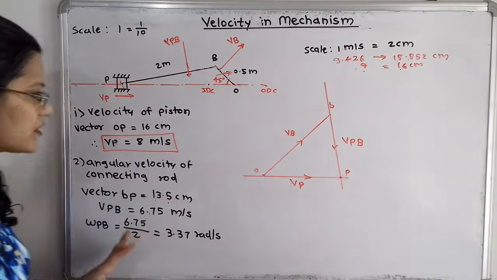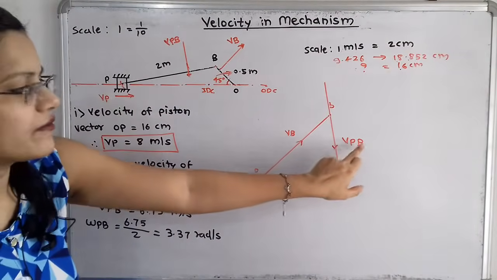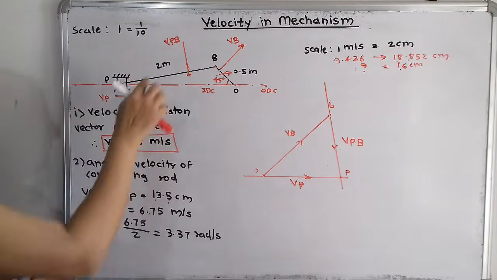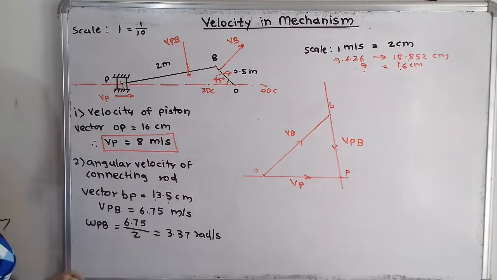Now if we observe here, the velocity of P with respect to B, that means B is the center, and the direction of this velocity is in the downward direction.